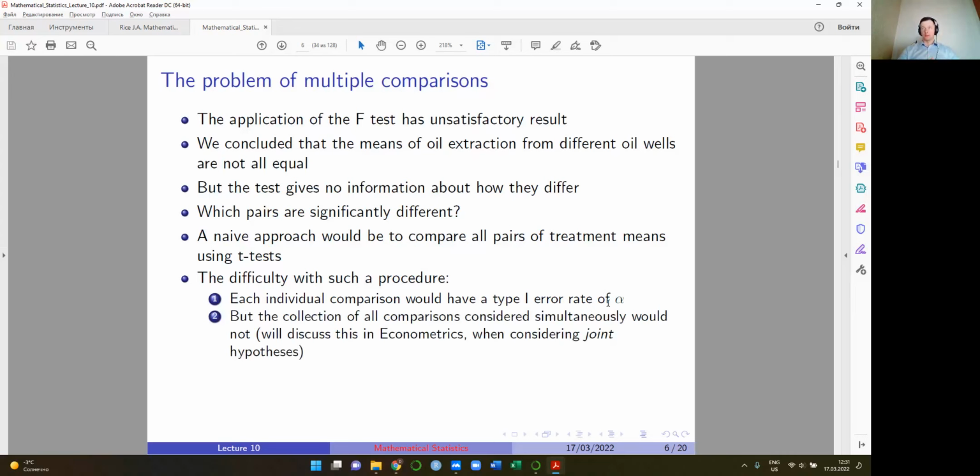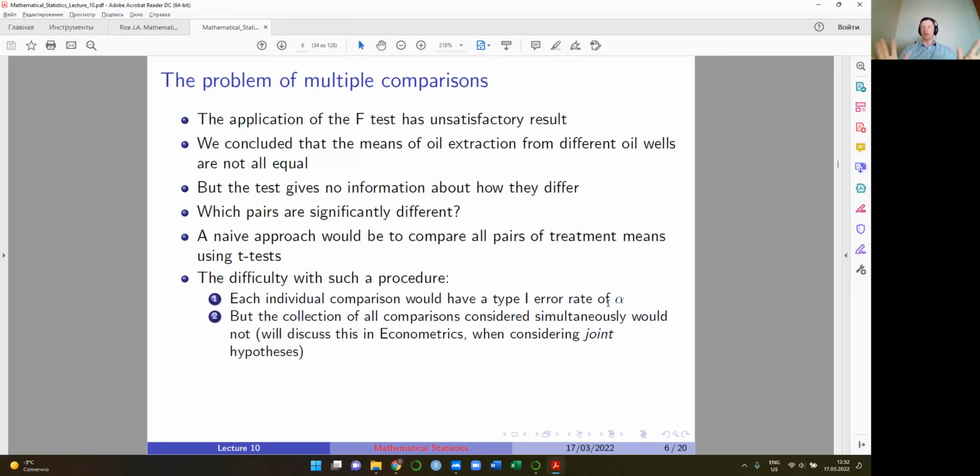I'm not going to discuss this statement here, so try to believe me, but we will discuss this in econometrics, and that topic is going to be called joint hypothesis. So once again, the problem is that this is not a single hypothesis. If you had well 1 and well 2, that's totally fine.